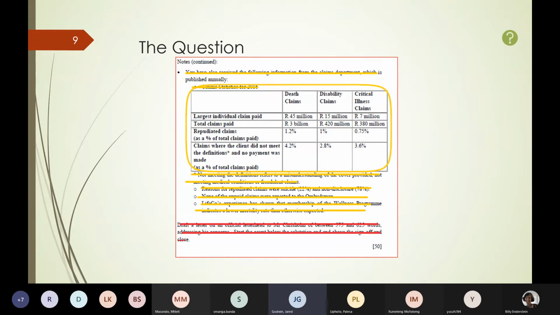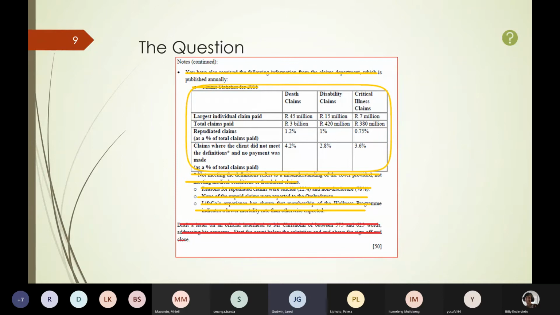But again, I go to the overall concern of this customer. He wasn't questioning your ability to pay death claims versus your critical illness claims, for example. He was worried from an overall point of view. But if you had tabulated that overall view, so let's say you said, I've summarized our claim statistics in the table below, which should put your mind at ease about our ability to pay, or our track record.